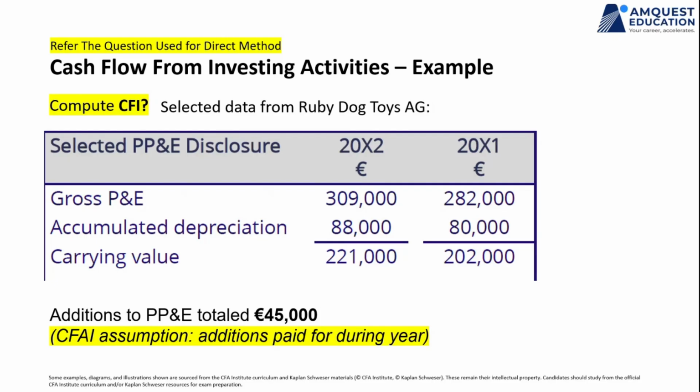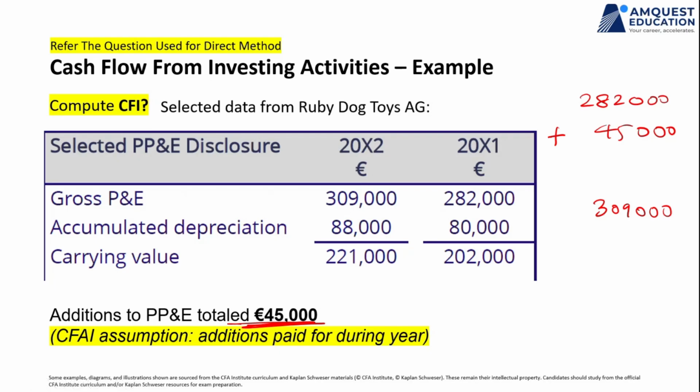Your gross block is telling you that last year you had 282,000 of assets. This year you have 309,000 of assets, and you have purchased 45,000, right? So the ideal number should have been 282 plus 45.